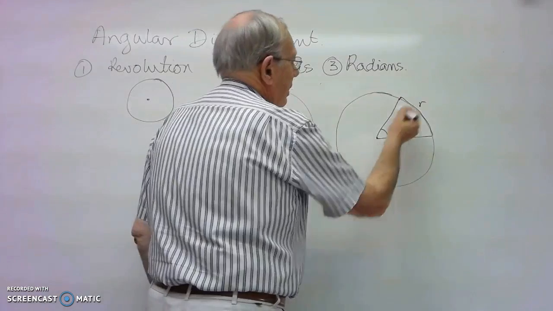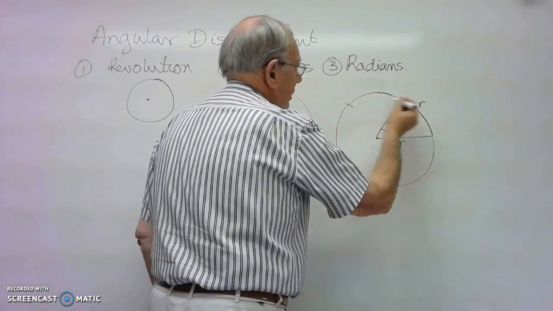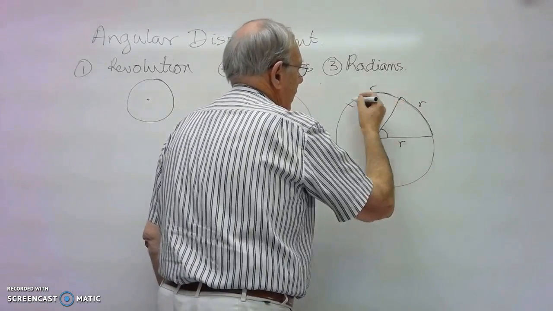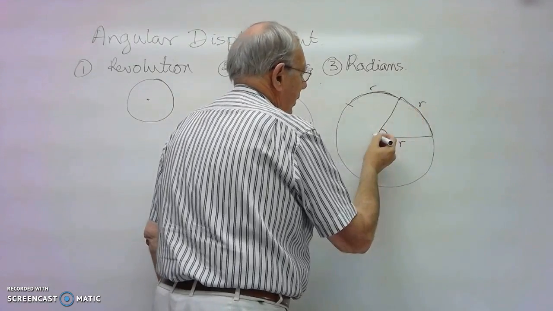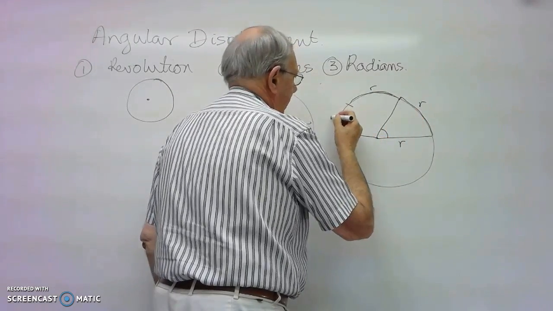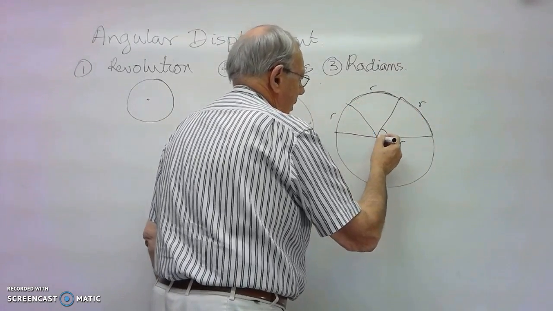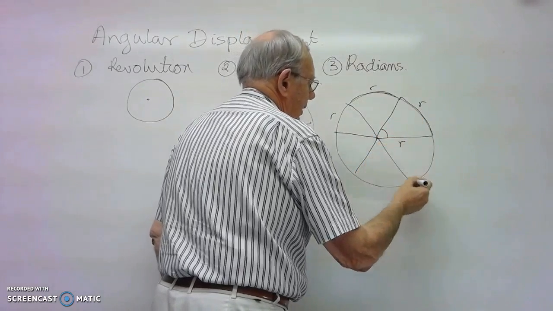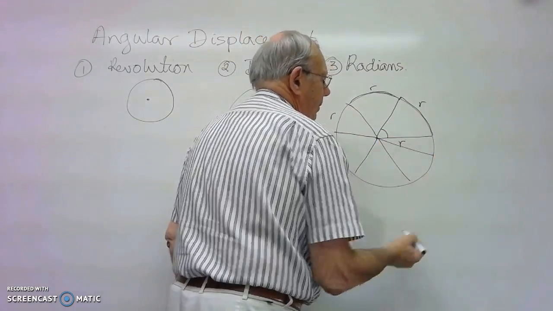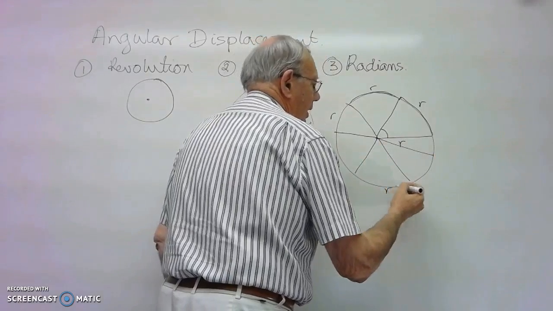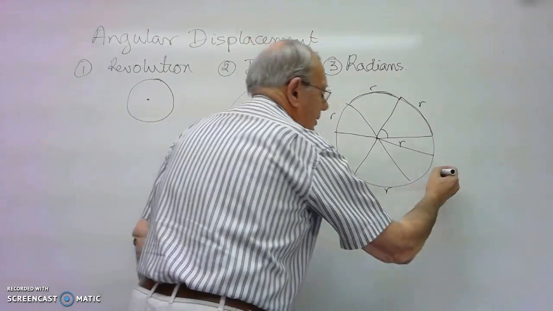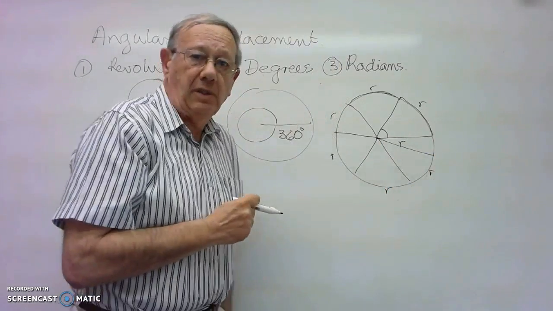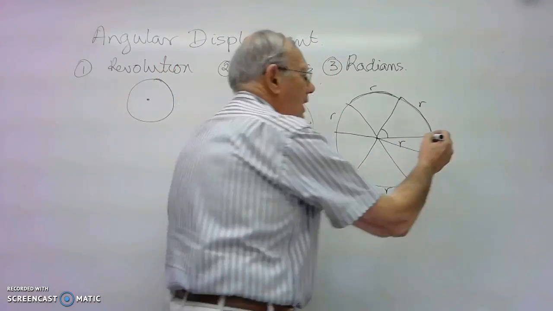If we get another distance here of radius, and mark that there, then another one, another one, another one, I can fit 6 and a little bit more. Here's a little bit more.